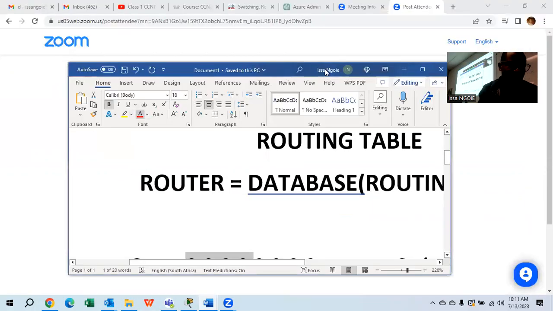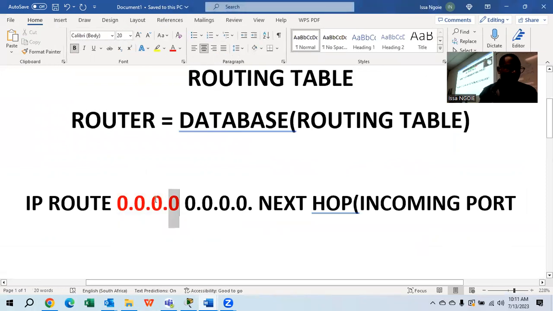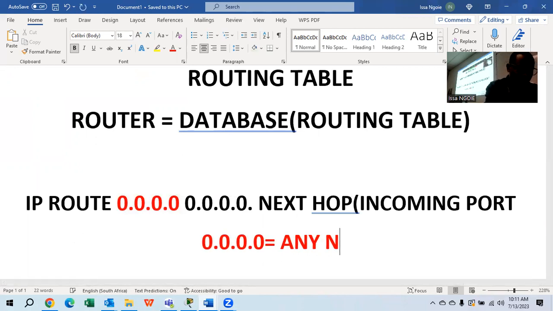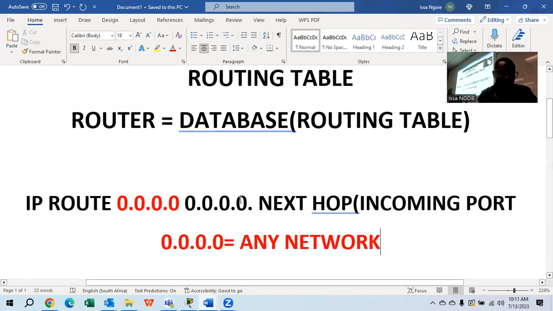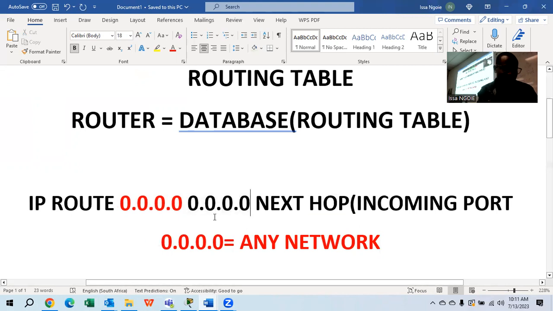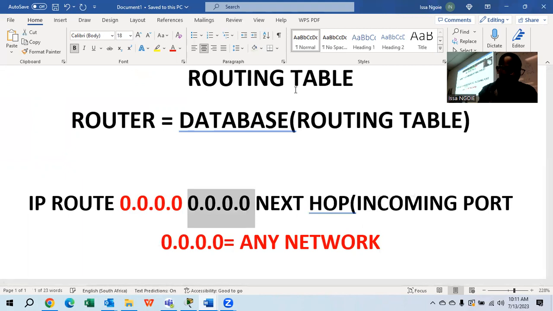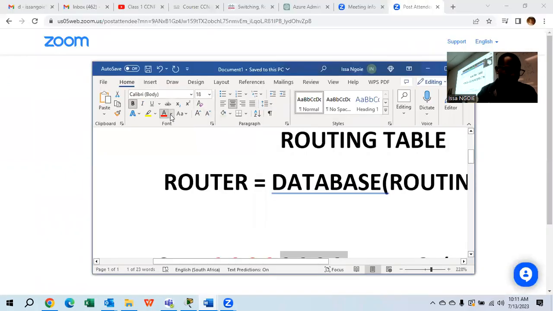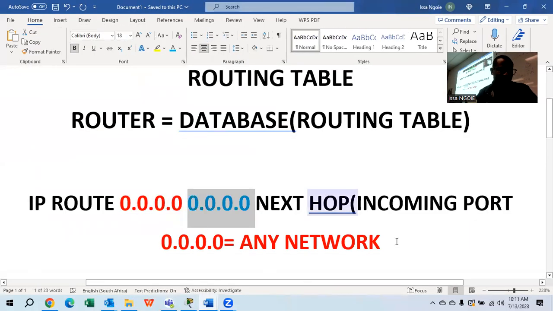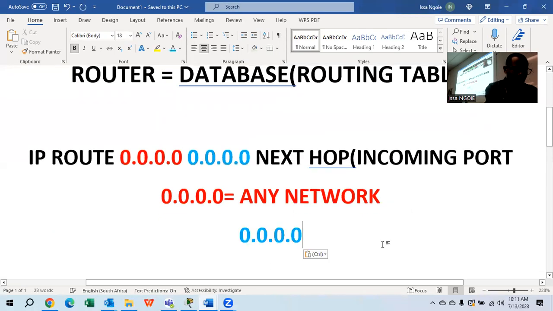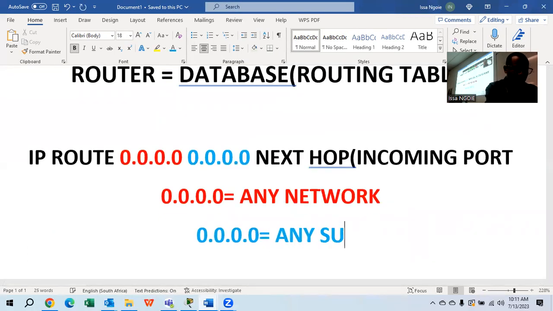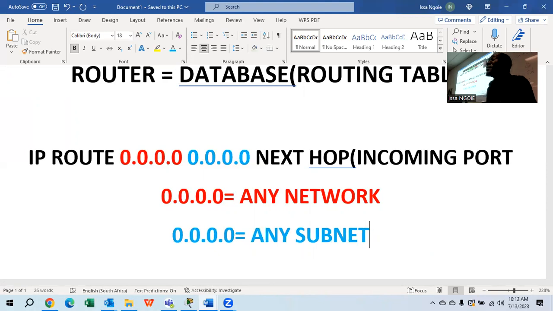So this one means any network, and these other ones, there is no dot here. Any subnets.